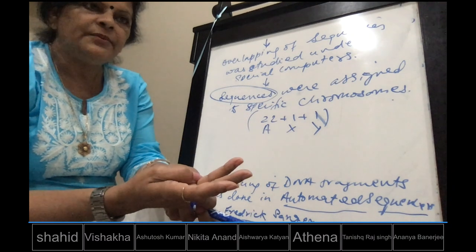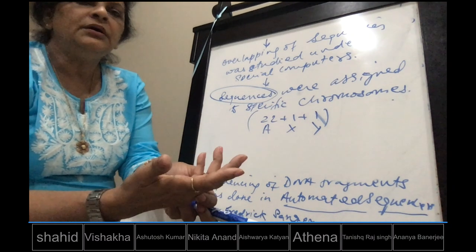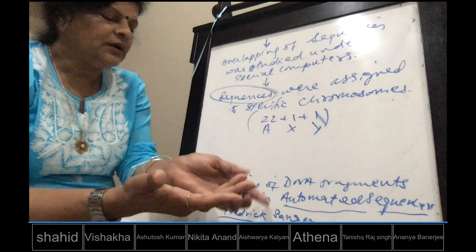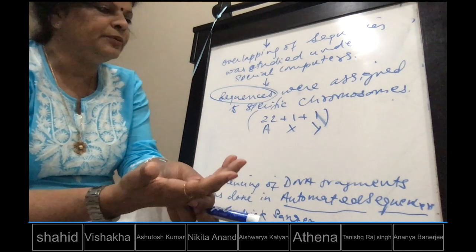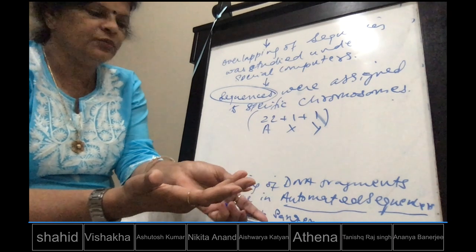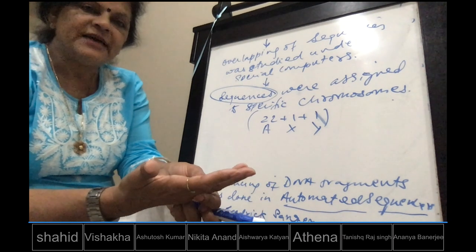Then the fourth step is sequencing of the DNA fragments, done by automated computer sequencing, and the method was given by Frederick Sanger.